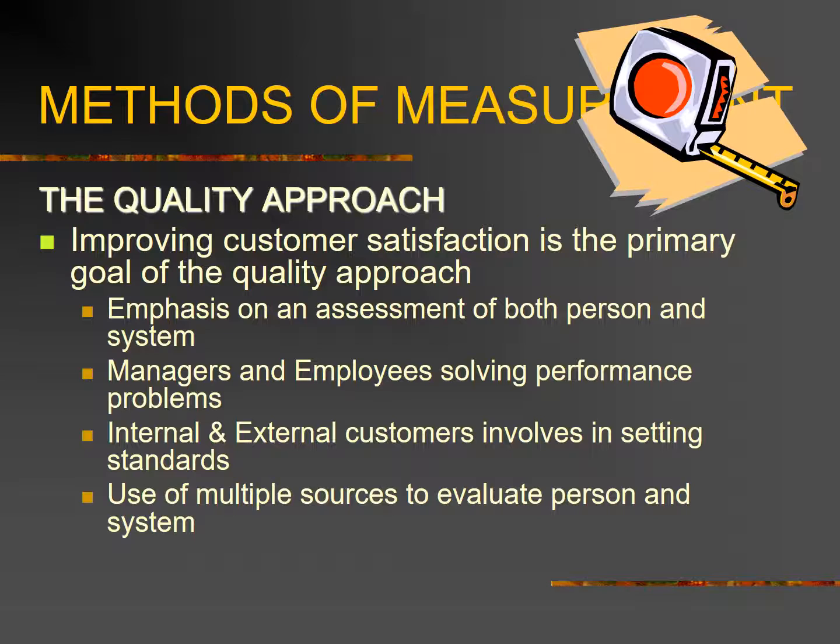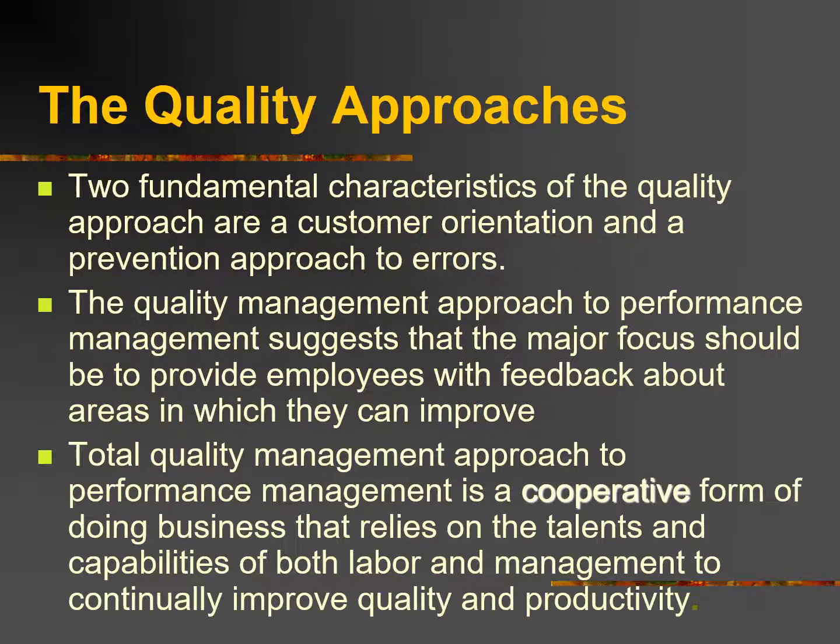Managers and employees solve performance problems, and internal and external customers are involved in setting some of those standards. And there is a use of multiple sources to evaluate the person and the system. So the 2 fundamental characteristics of the quality approach are a customer orientation and a prevention approach to error.